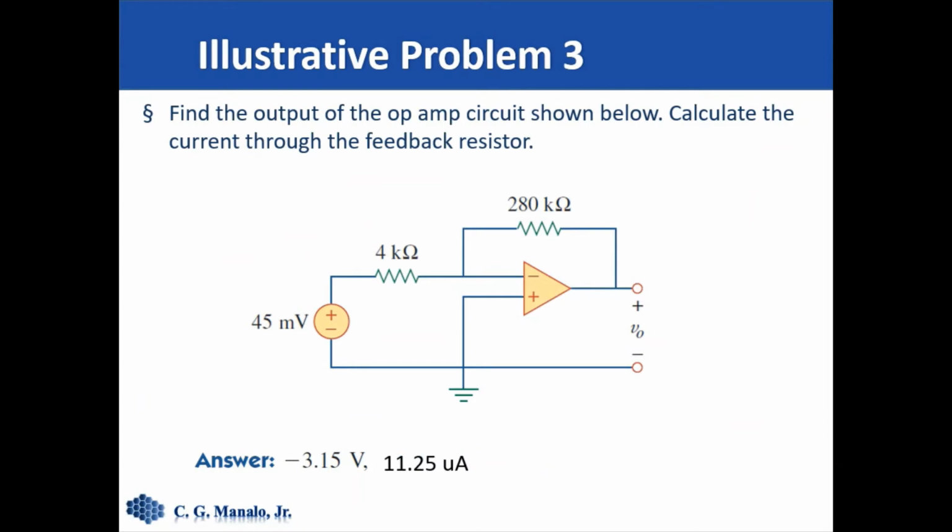Let's have an example. So here we have an ideal op amp, and we are required to compute for the current through this feedback resistance. So let's call this I sub F. To compute for that, first, this is an ideal op amp, so since this is 0 volts, this node here must also be 0 volts.